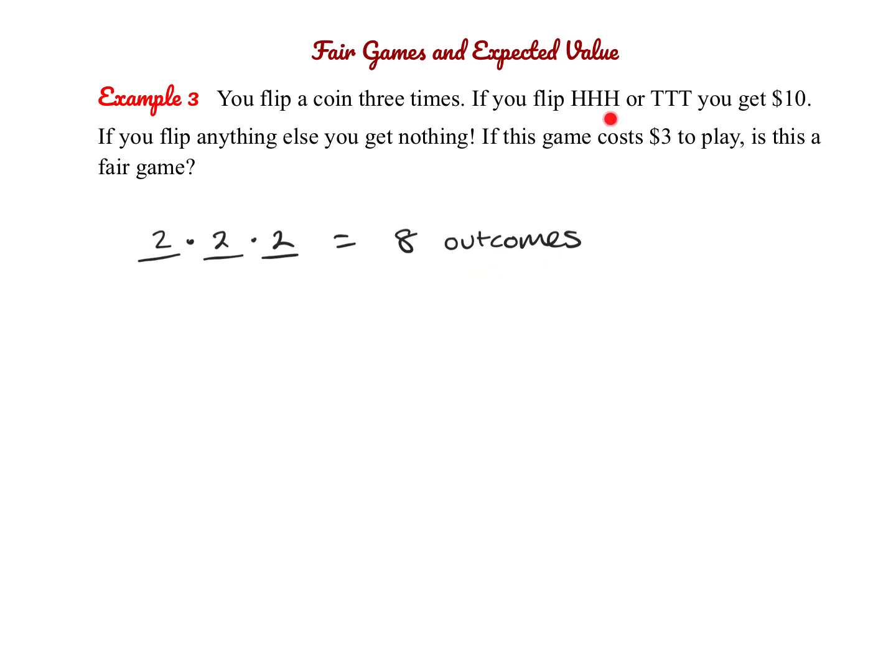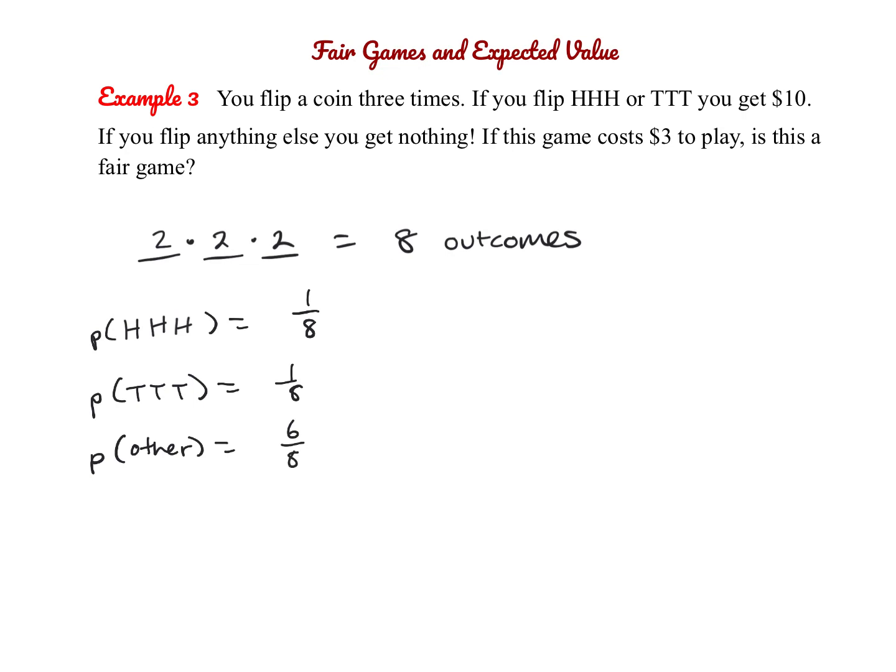Now there's 1 way that you can get heads, heads, heads, and that's by getting heads, heads, heads. So the probability of getting all heads is 1 out of 8. The probability of getting tails, tails, tails is 1/8. So that means the probability of getting anything else, I'll say other, is 6 out of 8.